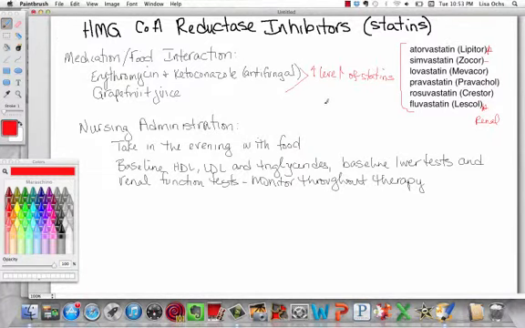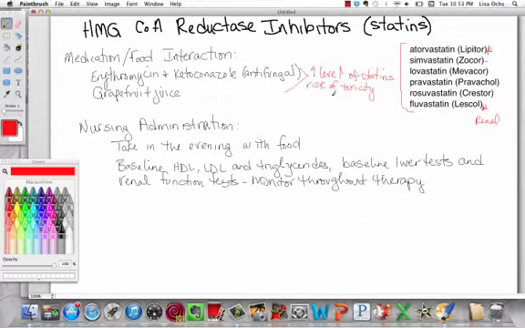The problem with increasing the level of statins is they put the person at risk for toxicity. And remember, adverse effects of statins include hepatotoxicity and rhabdomyolysis or myopathy, which can lead to liver failure and kidney failure.